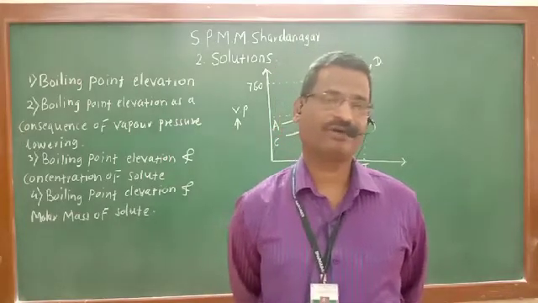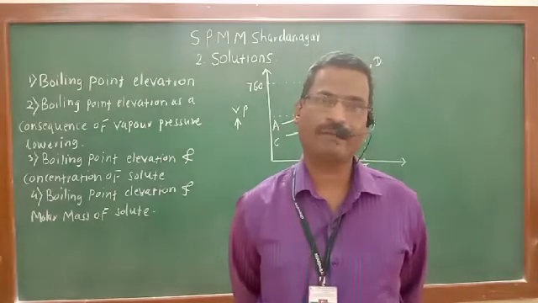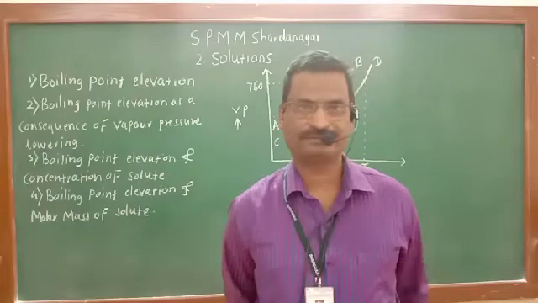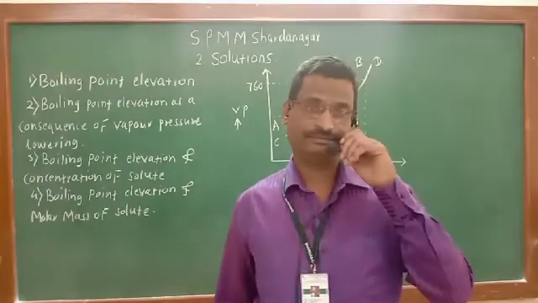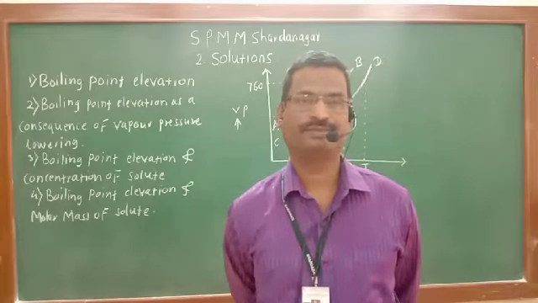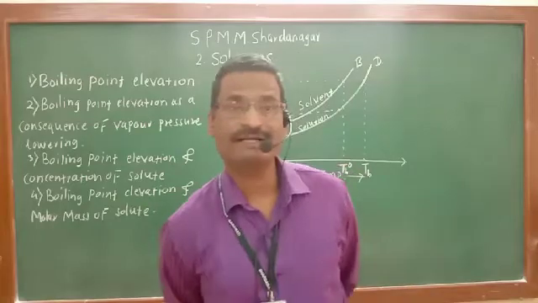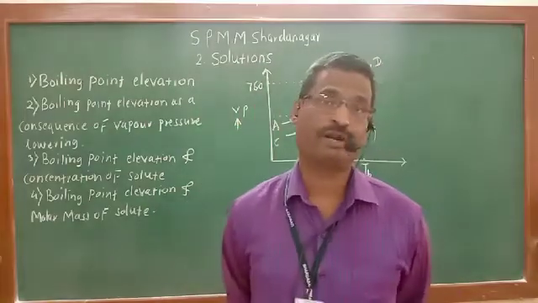What are colligative properties? The properties which depend on the number of solute particles but not on the characteristic nature of a solute particle are known as colligative properties. They do not depend on the number of solvent particles.